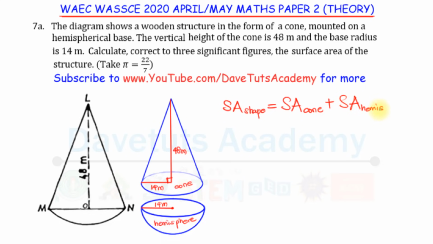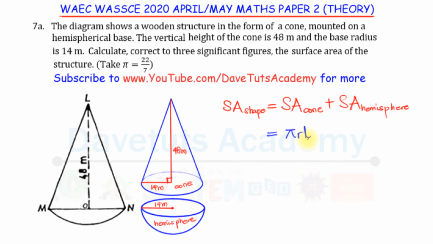So if we can get the surface area of the cone and we can also get the surface area of the hemisphere, if you add them together, that will give us the surface area of this particular shape that we're asked to find. But now, what is the formula for the surface area of a cone? That is going to be pi RL. Now, pi we are given to be 22 over 7. The radius is the radius of the base of the cone, which is 14 meters.